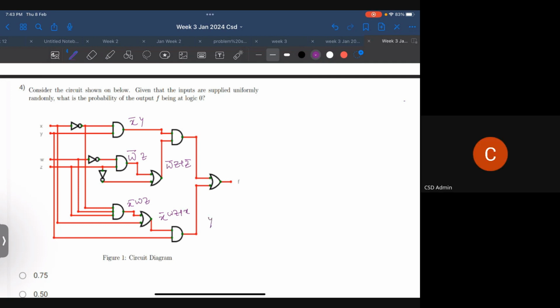Here you will get y times x plus x bar wz. Here you get x bar y, w bar z plus z bar.